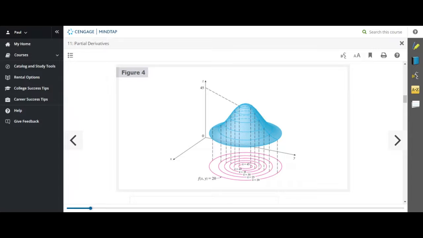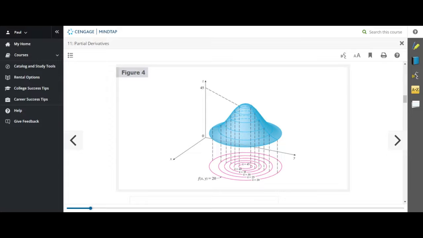And you see on this figure, figure 4, how they are cutting that UFO-looking surface. They're doing horizontal cuts, which are like horizontal traces.